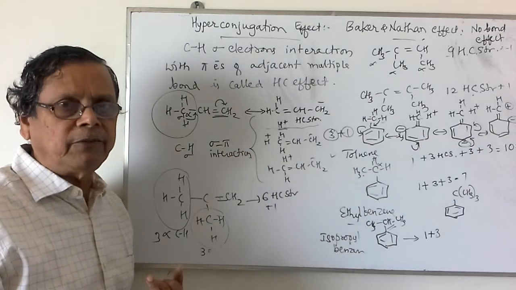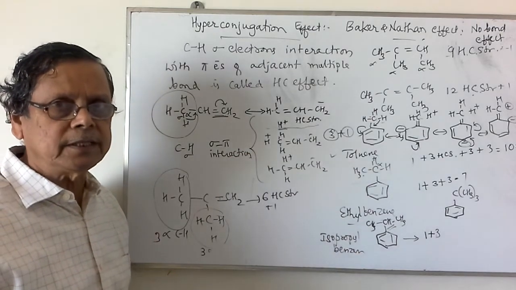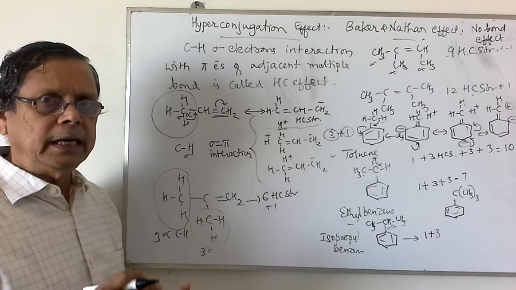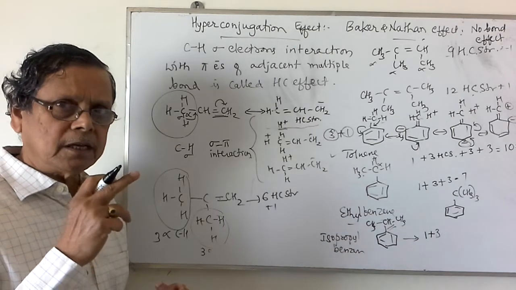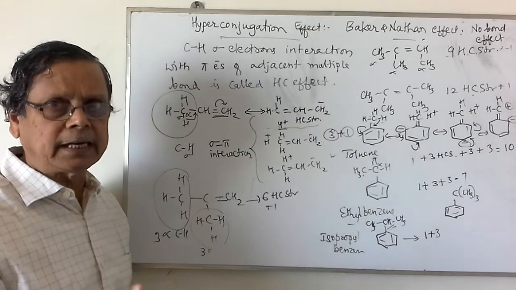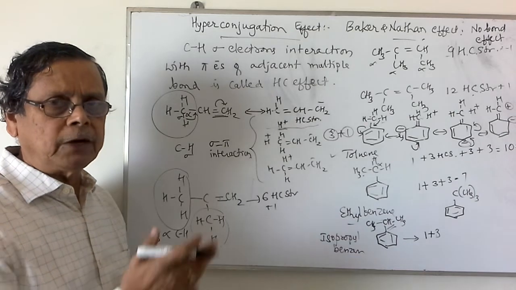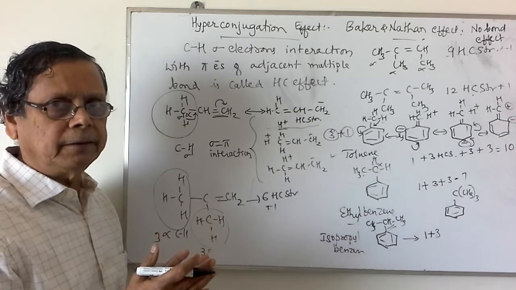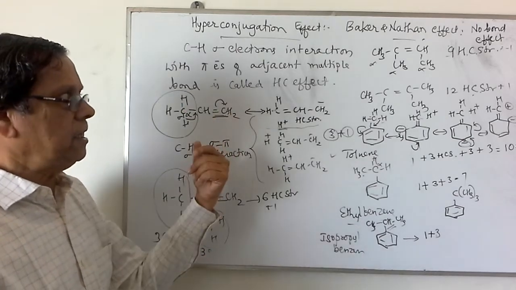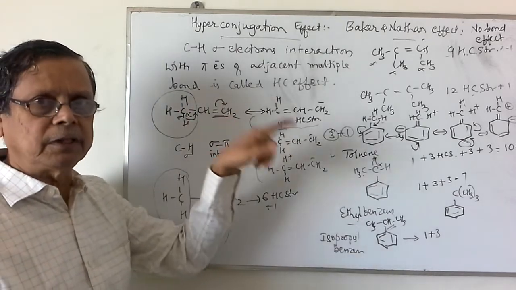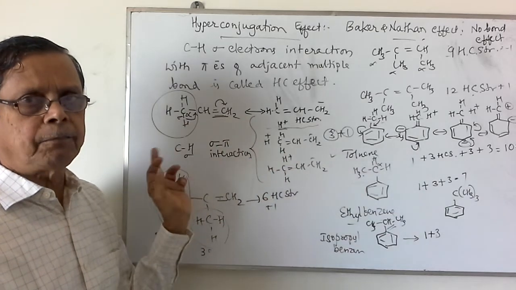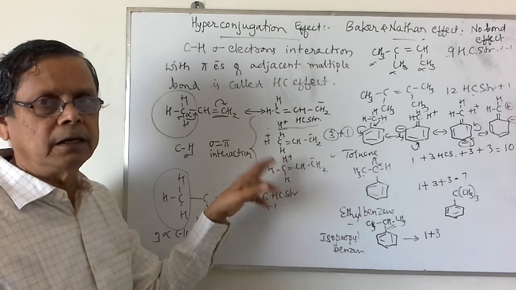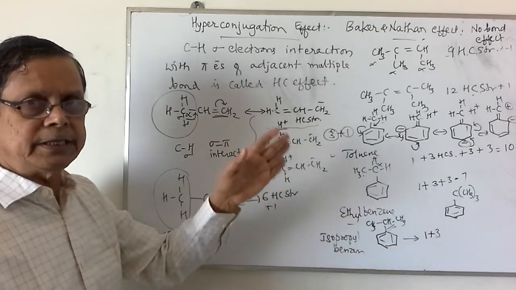I will repeat. In case of the inductive effect, due to electronegativity difference, there is a polarization. Only sigma electrons are involved. In the electromeric effect, because of the need of the attacking reagent, there will be polarization of the double bond. It is a temporary effect. But in case of the resonance effect, interaction of the pi electron with pi electron in conjugation, or with the lone pair of electron in conjugation, so there will be polarization.